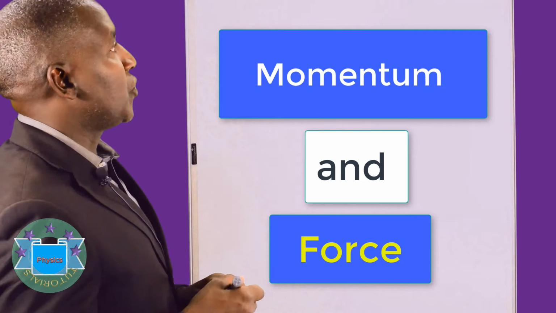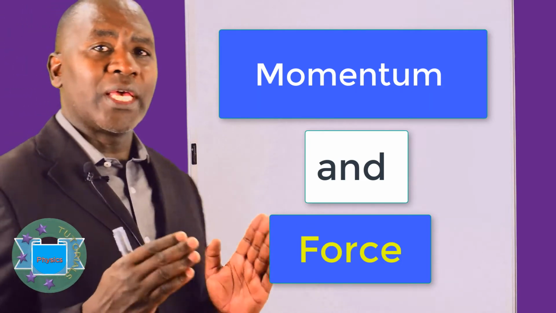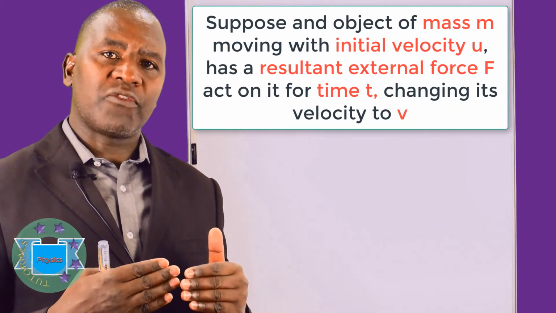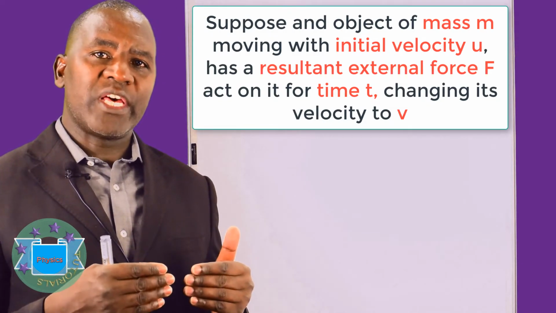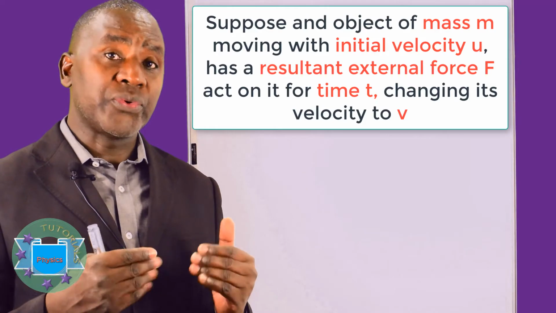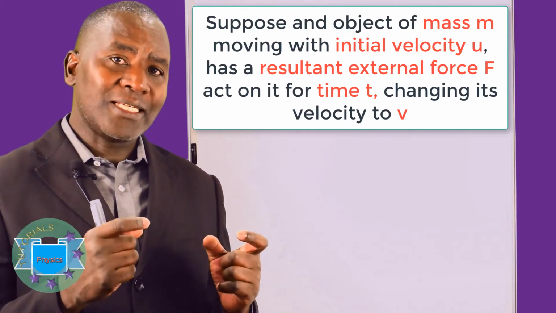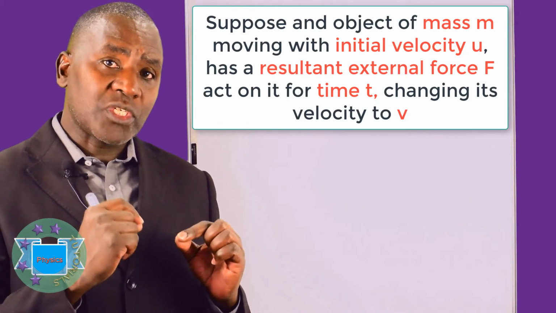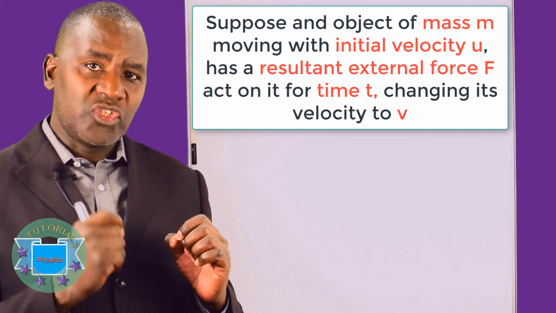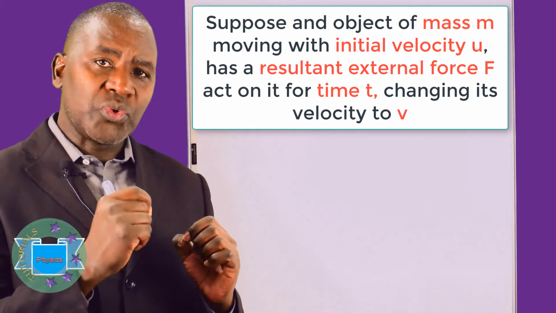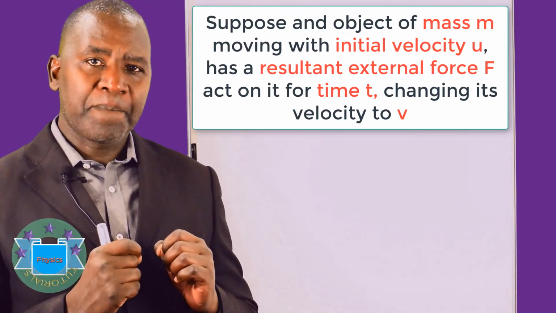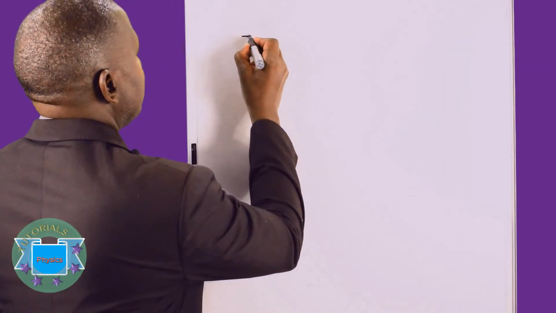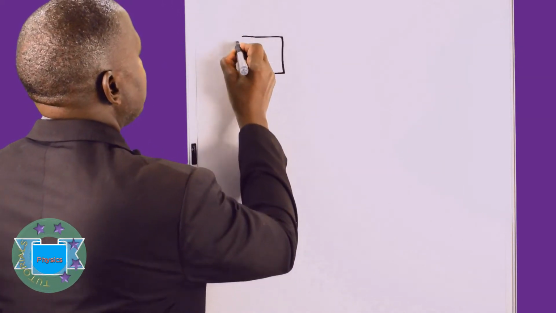And I'm going to start by looking at an object. Supposing you have an object of mass m moving with an initial velocity u, and then over a certain duration of time t, a resultant force F acts on it, changing its velocity to v. What are we talking about? We are talking about this situation here. I have this object.